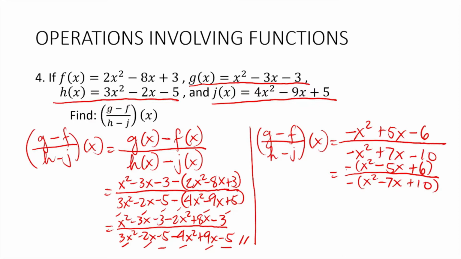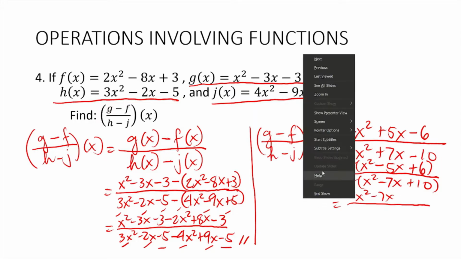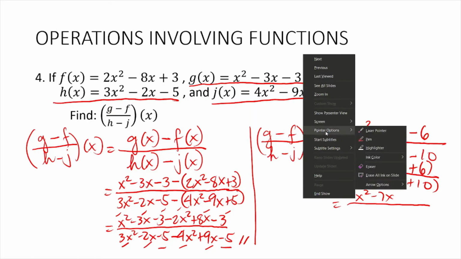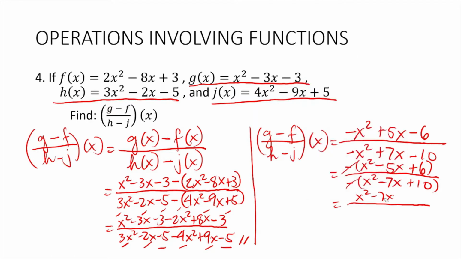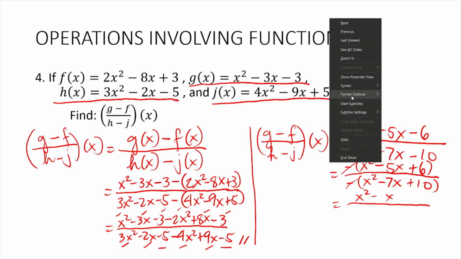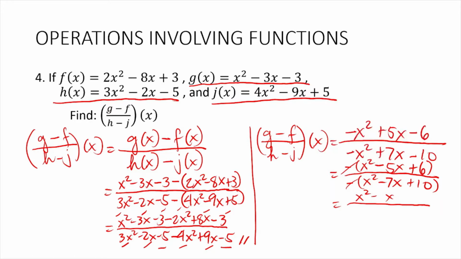So we can now cancel out negative 1. So we are left with, focus on the numerator, x squared minus 5x plus 6.